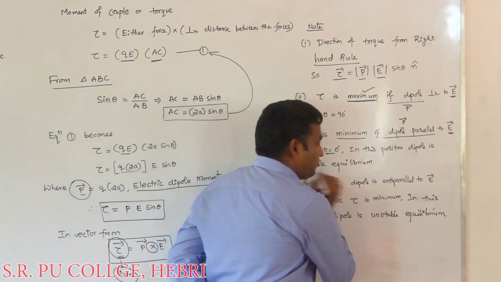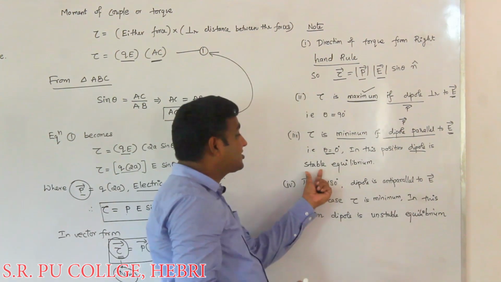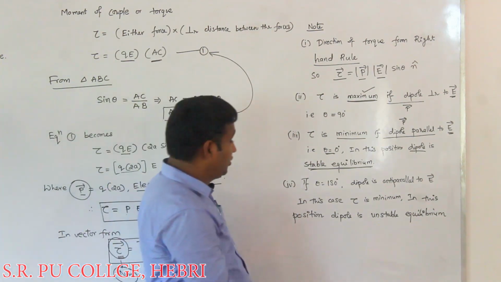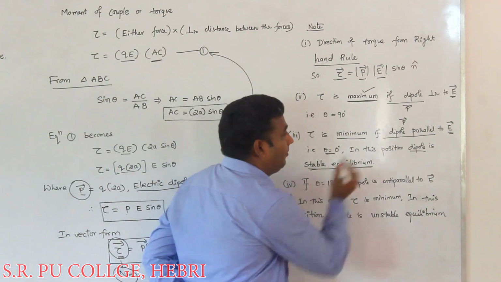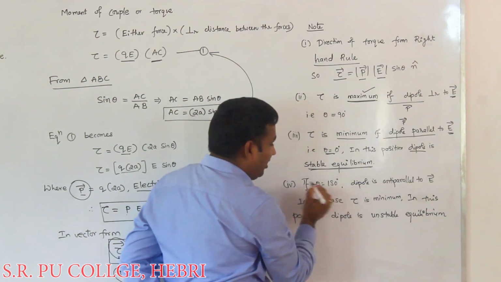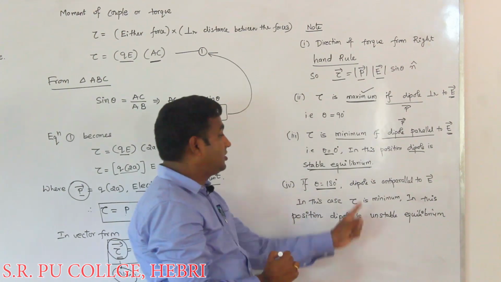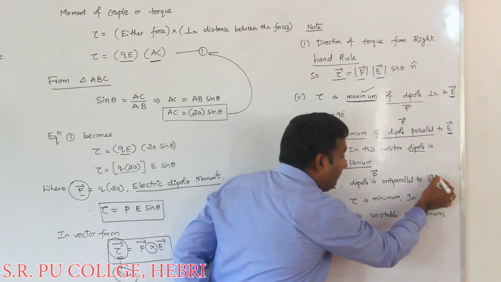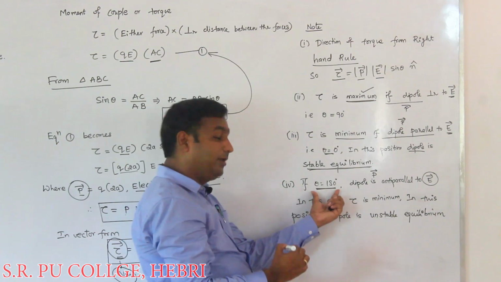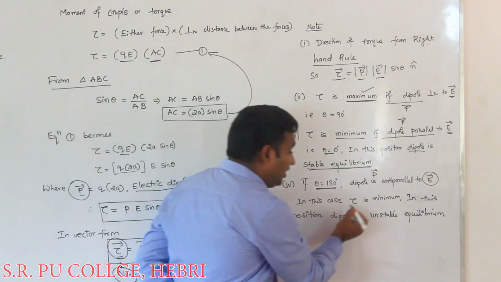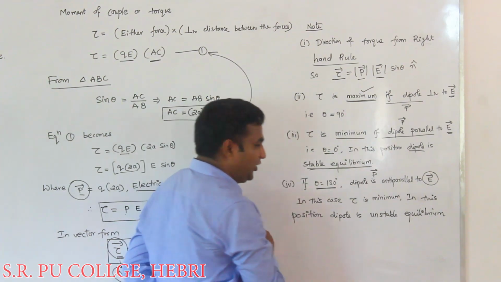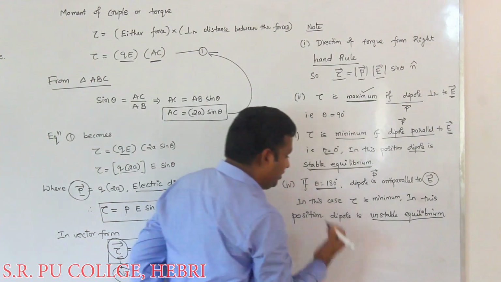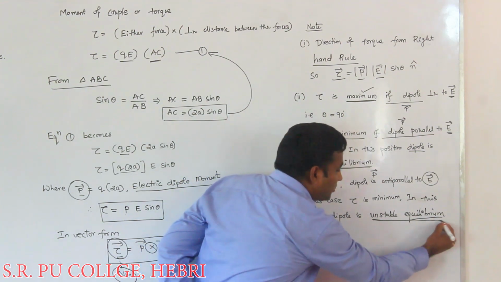If the angle theta between the electric dipole moment P and electric field E is 180 degree, the dipole is anti-parallel to E. In this case, the electric torque is minimum, a negative value, and the electric dipole is in unstable equilibrium.